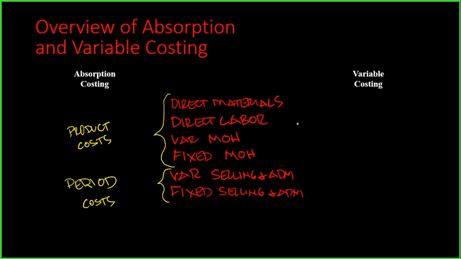Okay, now for variable costing, there is a slight change, no, because your product cost will only be composed of your direct materials, direct labor, and variable manufacturing overhead.